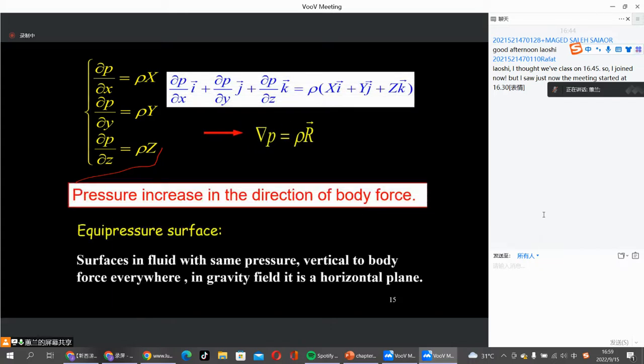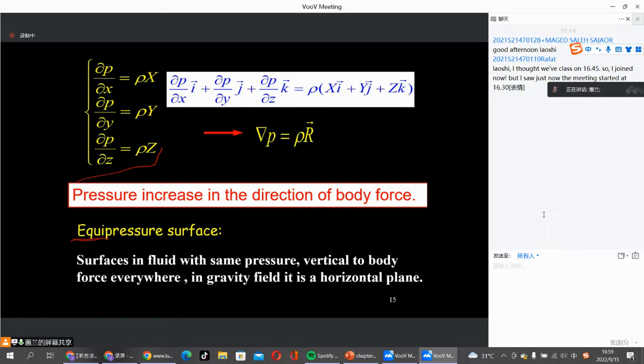Okay, so here we need to introduce a term, equipressure surface. What's an equipressure surface? Here we know equi means equal, right? An equipressure surface is a surface in the fluid with the same pressure.